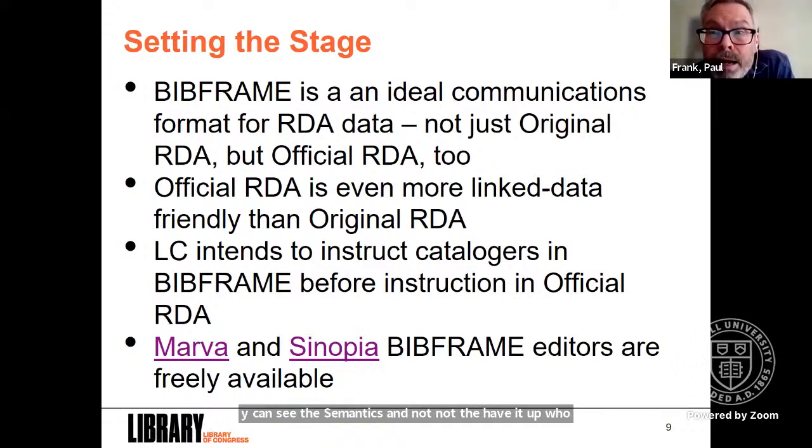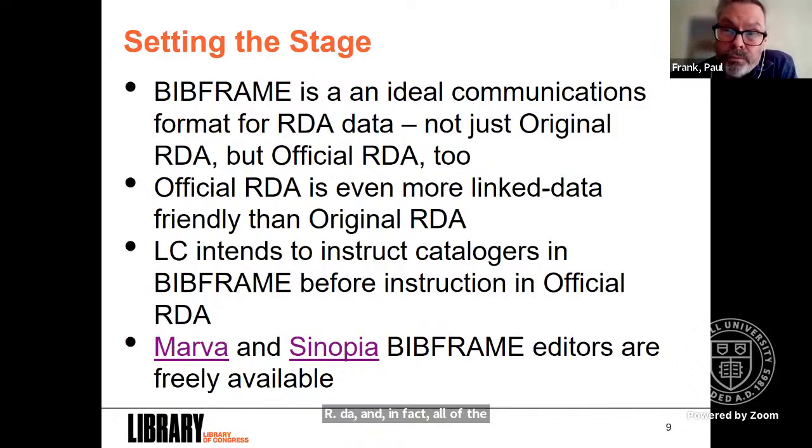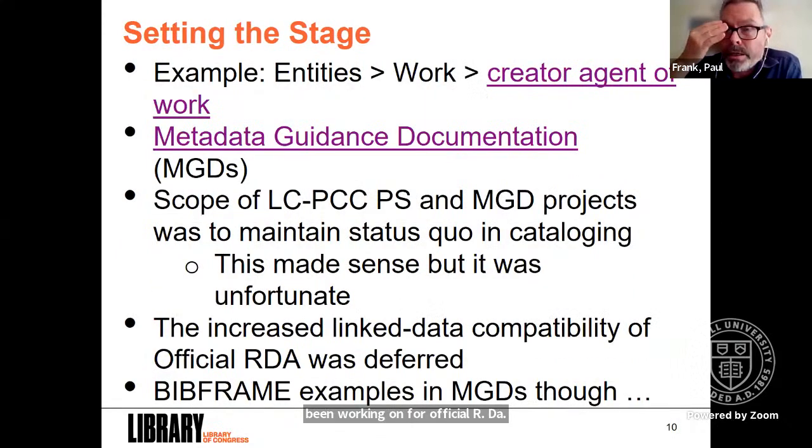We will be cataloging in MARC, in official RDA, and in fact, all of the documentation that we've been working on for official RDA is really geared towards MARC cataloging.